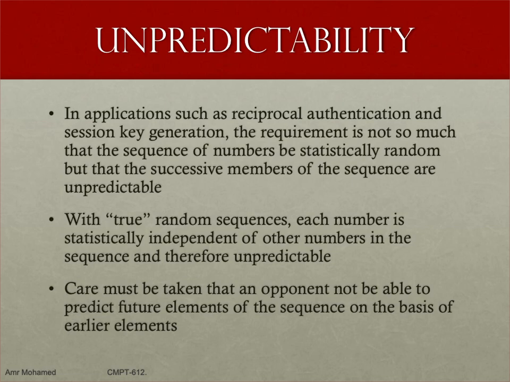Reciprocal authentications, we'll talk about this in the next chapter. It's like two parties are trying to generate, so each of them has to authenticate themselves to the other. You need to confirm that you are talking to Amr. So in order to talk to Amr, we have to generate some sequence, and for some reason this sequence happens to be the same on both sides.